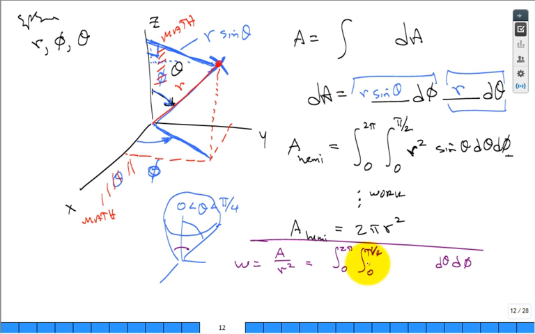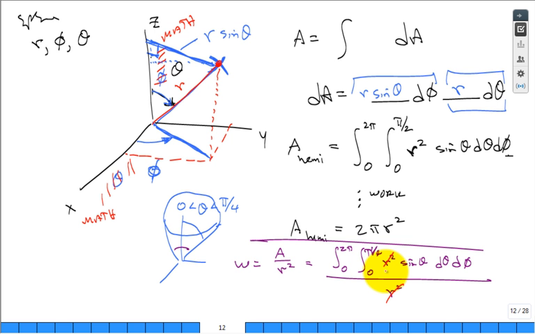Only pi over 4. Inside we have the r squared sine of theta, and then you divide by the r squared. The r squareds cancel, and then you can calculate that solid angle for that cone. It's not the whole hemisphere, it's part of it.